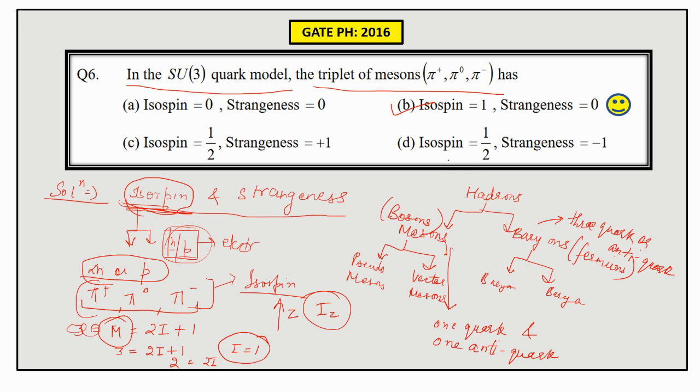But suppose you need to find out the strangeness. There is one formula, the Gell-Mann Nishijima formula. It says Q equals Iz plus (B plus S) by 2. So we know the answer is B because we have found out the isospin.